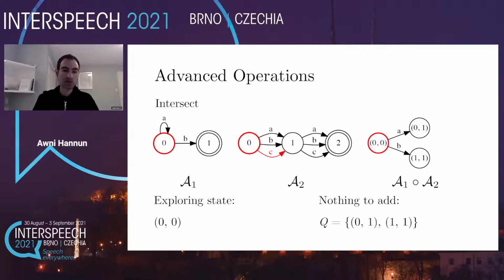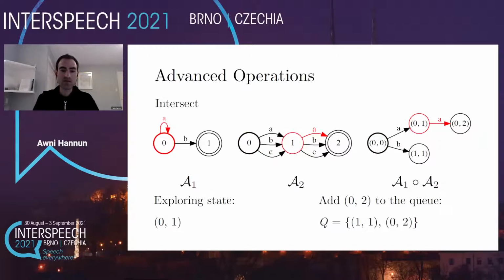So now we'll pull the next state pair from the front of our queue, in this case 0, 1. From 0, 1, from the state 0 in the first graph, the state 1 in the second graph, we look to see if there are any arcs with matching labels. In this case, there are. There are the arcs with the label A, which lead us to the state 0, 2.